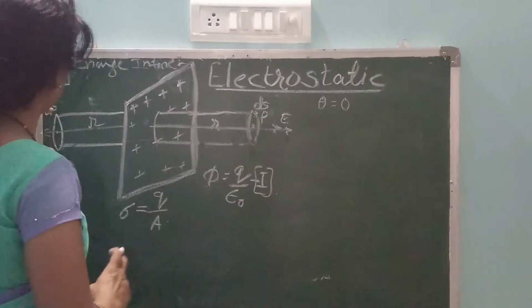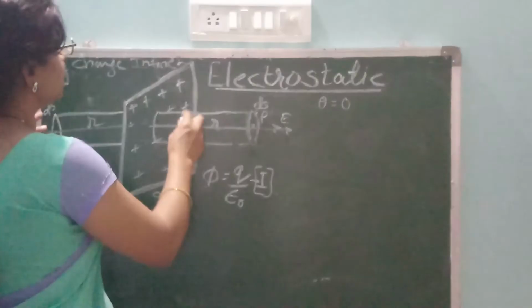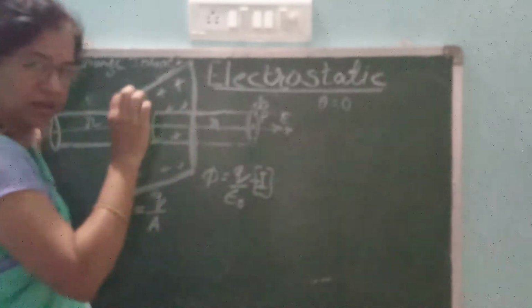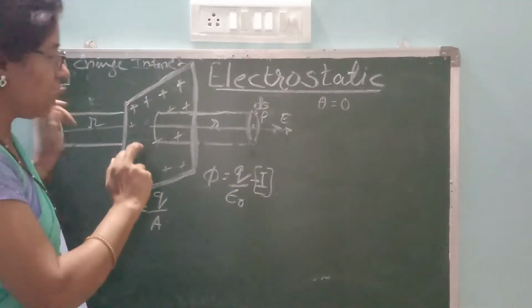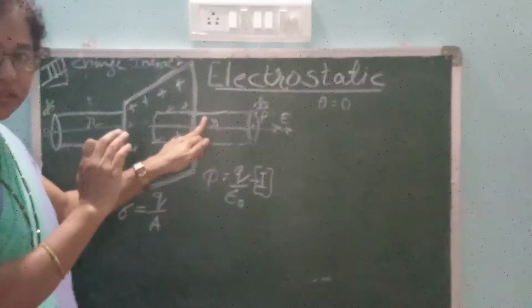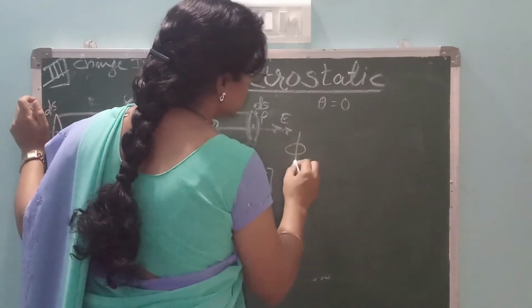This angle for the first surface and for the second surface is the same, but there is also a third surface, the curved surface.